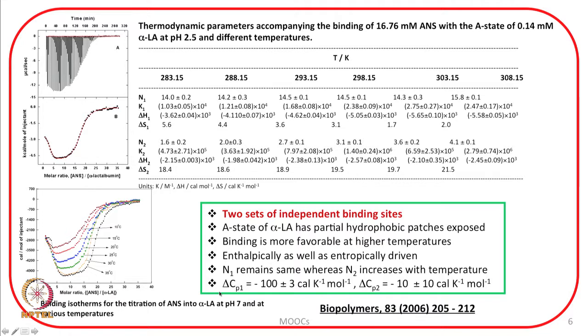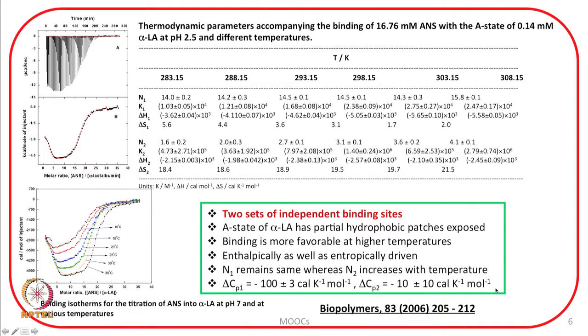And also you see there is information on delta Cp. Both delta Cp1 and delta Cp2 are observed to be negative. Delta Cp1 is minus 100 plus minus 3 calorie per Kelvin per mole, and delta Cp2 is minus 10 calorie per Kelvin per mole.